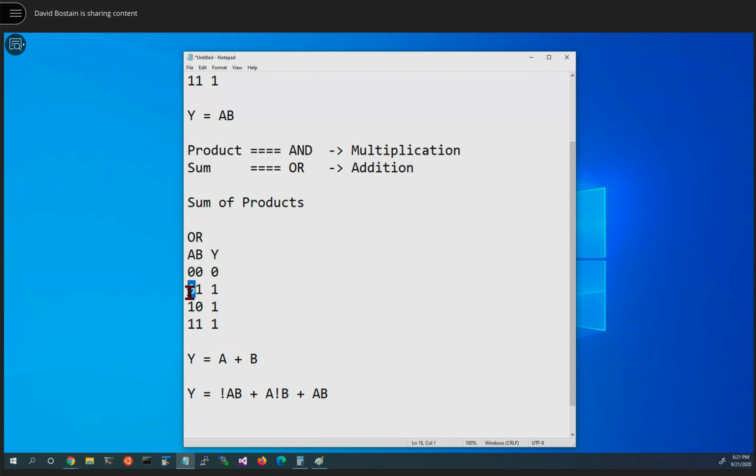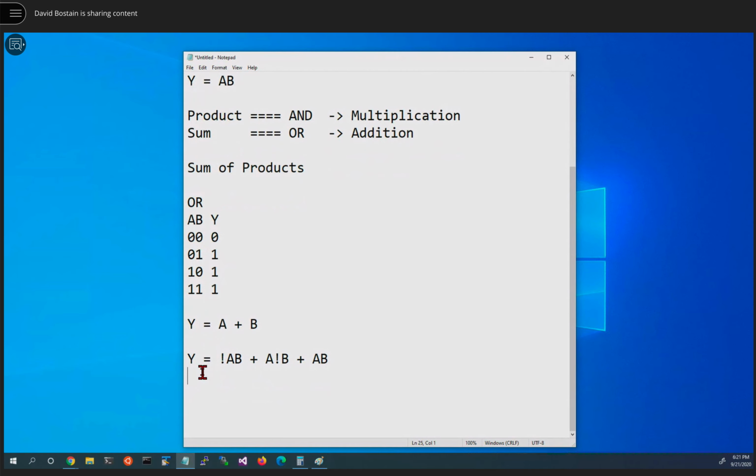So in order to describe that, we need to say it's whatever not A is ANDed with B. The next one is A not B. And the last one, of course, is AB. Had the first one been in there, it would have been not A, not B, because that's the only way we would have gotten a 1 out if that had been a 1.